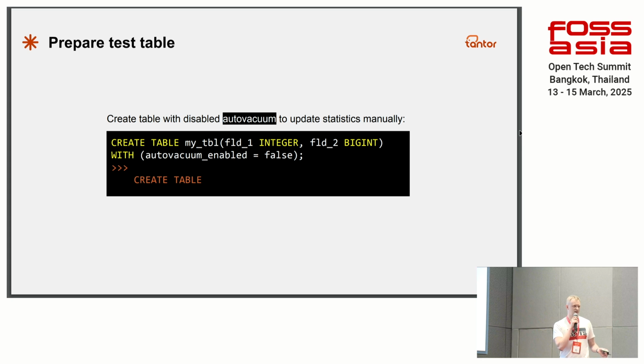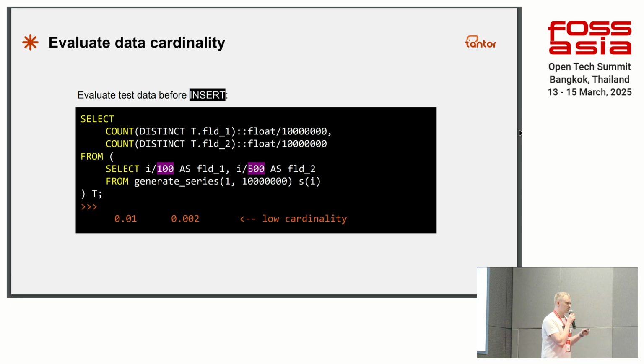We create a table with two integer columns, and of course we turn off autovacuum, because we should run it manually in order to consider more issues. In order not to consider very trivial examples, we fill the table with diverse data with low cardinality.